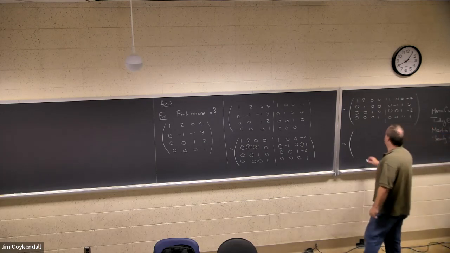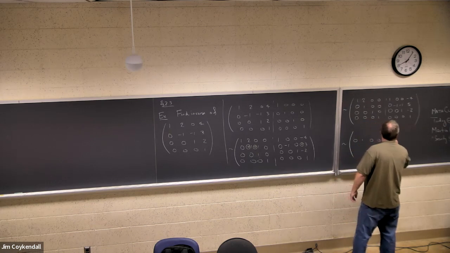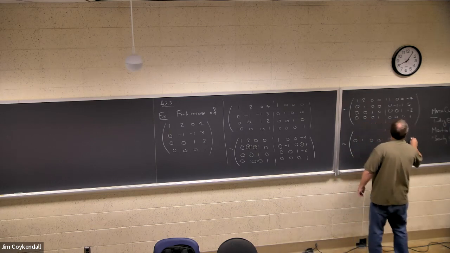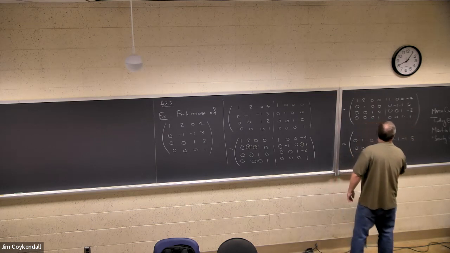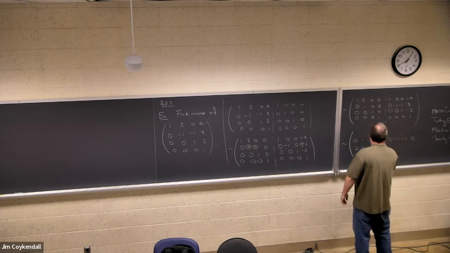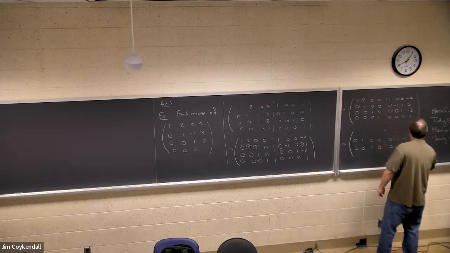And so finally, let's see. For the bottom, here go 0, -1, -1, 5. 0, 0, 1, 1, 2. 0, 0, 0, 1, 1, 2.